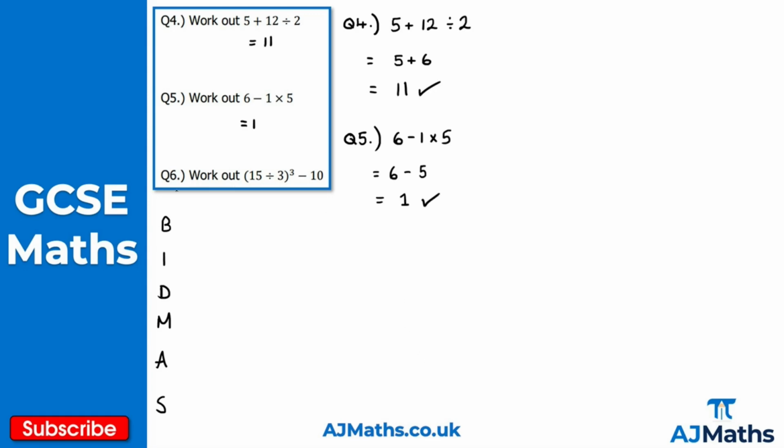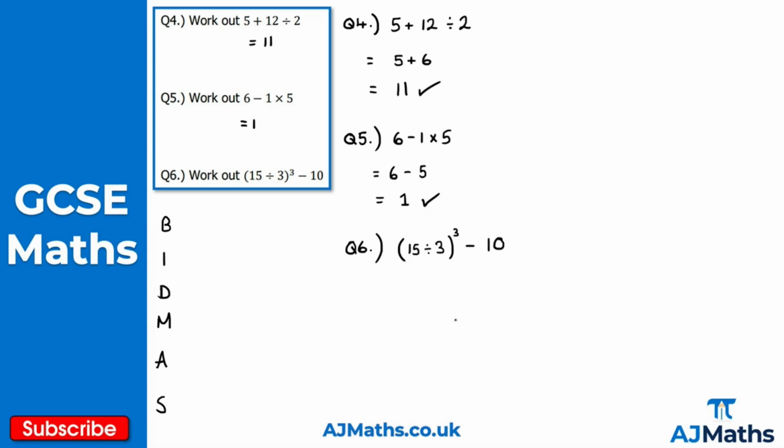And then finally, we take a look at the very last question here, question 6. We're asked to work out this bracket of 15 divided by 3 all cubed, minus 10. So where do we begin here? Well, let's just write down the expression to begin with. So 15 divided by 3 all cubed, and then minus 10.